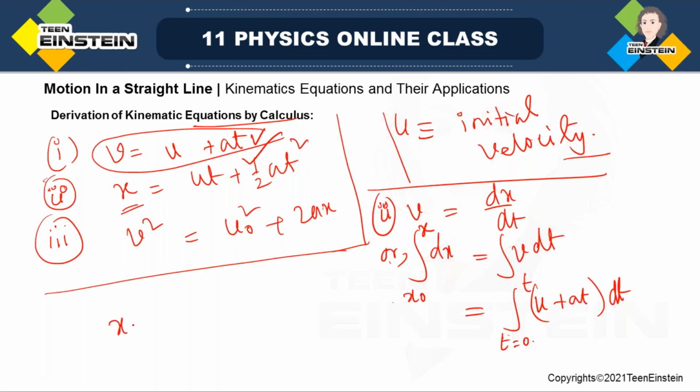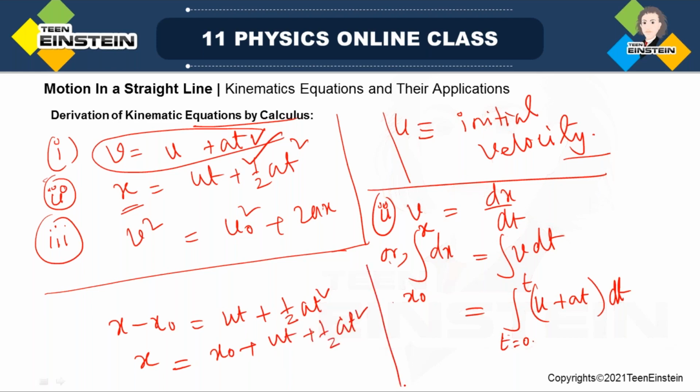If you simplify this, what you get on the left hand side is x minus x0 is equal to ut plus half a t square. So you can write this again as x equals x0 plus ut plus half a t square. This is how you can derive the second equation from calculus.